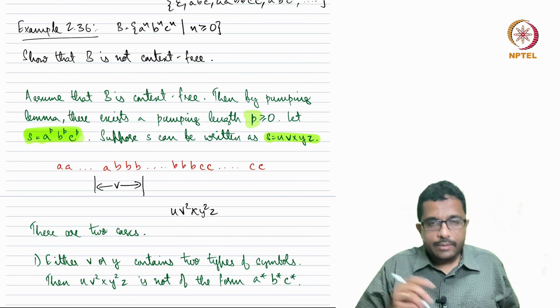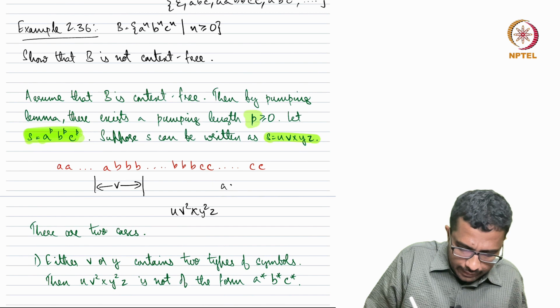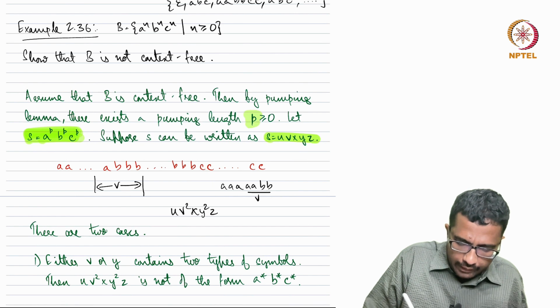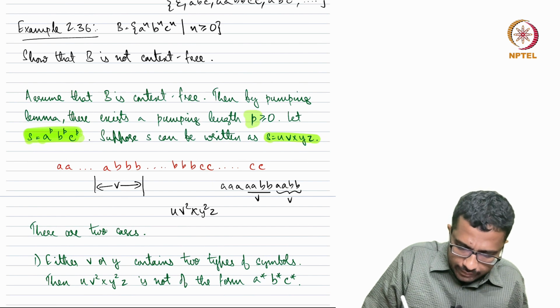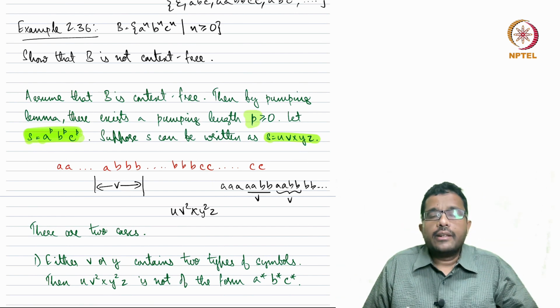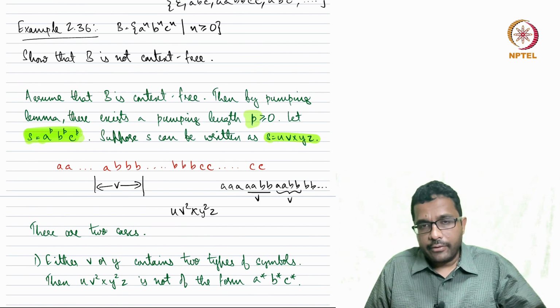So now if v has both a's and b's, u is entirely a's, and then we have v which has a's and b's. This is v, and again another v, so again it has a's and b's. And then x y z, where x is again some b's, and so on. So now notice that you have some a's followed by some b's followed by some a's again, then followed by b's.